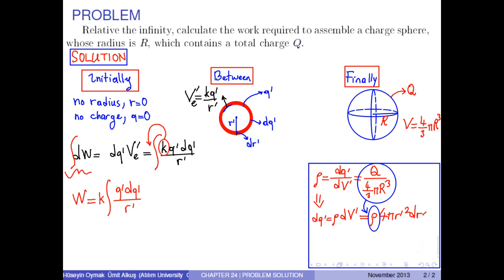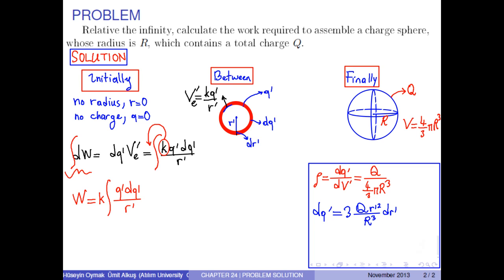Since ρ is Q over 4/3 times pi times R cubed, we have dq' as Q over 4/3 times pi times R cubed times 4 pi times r' squared dr'. 4 pi's cancel each other, so we obtain the infinitesimal charge dq' as 3 times Q times r' squared over R cubed times dr'.